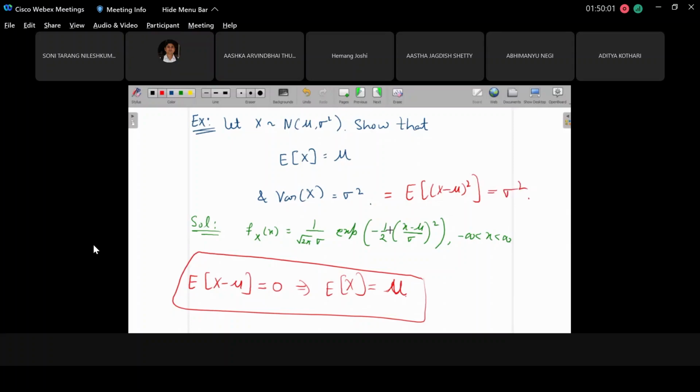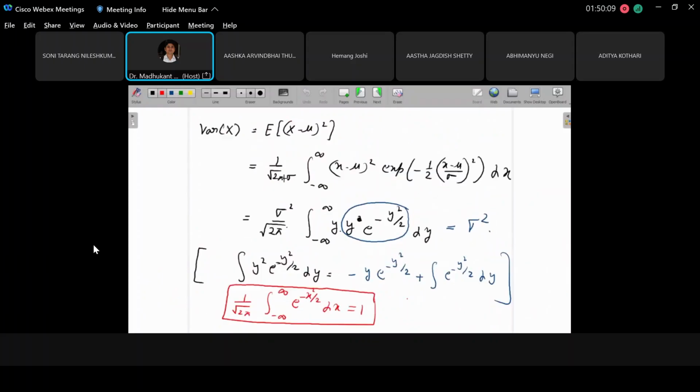Because x minus mu is sitting inside, you can handle this. The important point here is the expectation of x minus mu whole square: 1 upon square root of 2 pi sigma times the integral of x minus mu whole square times f of x. So 1 by root 2 pi sigma is out.